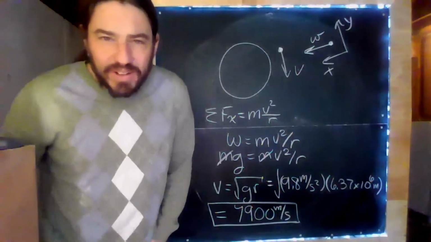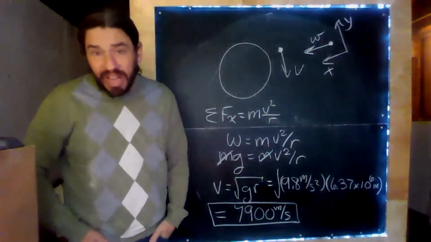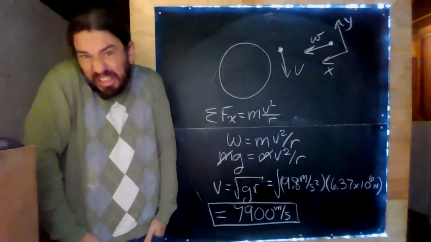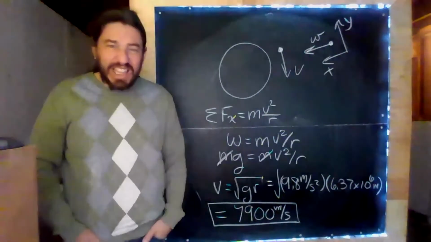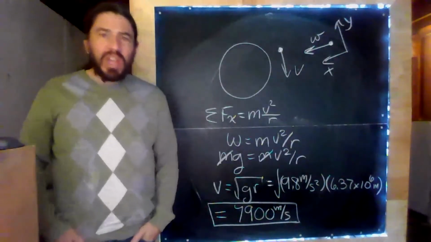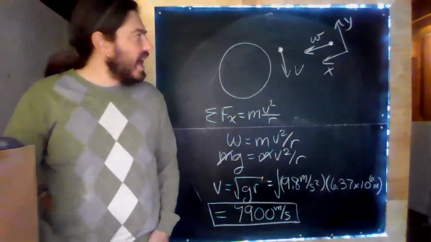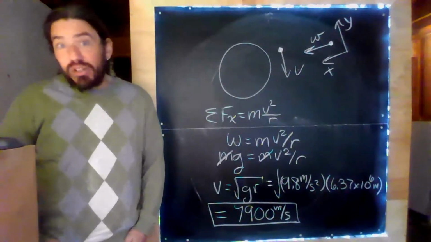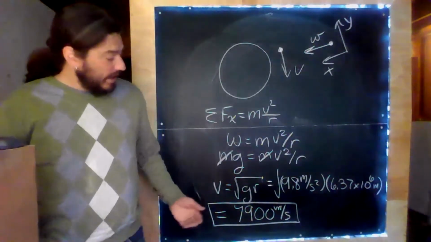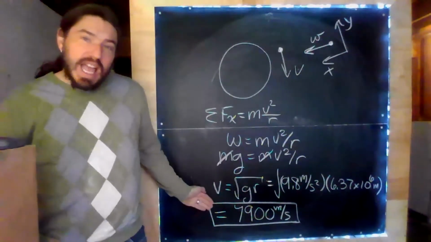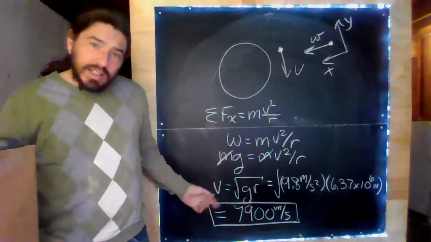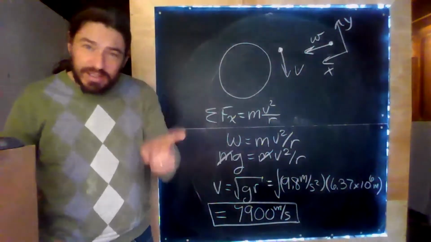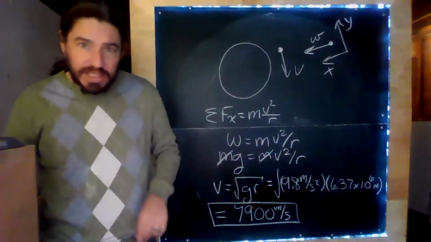Something like 8,000 meters per second. Pretty fast. Not ridiculously fast. That's 16,000 miles an hour. Humans have created objects that are going that fast. So anyway, kind of an interesting thought experiment. If I can throw a rock 8,000 meters per second, then what goes up does not necessarily come down.